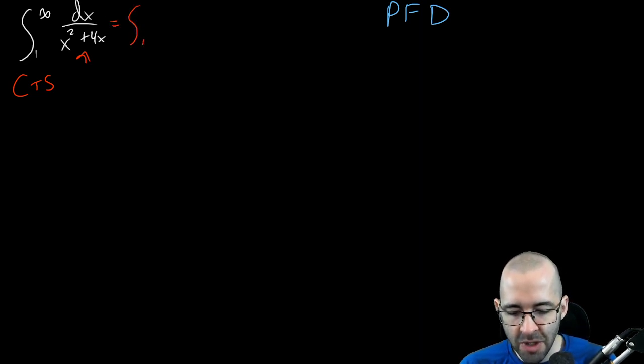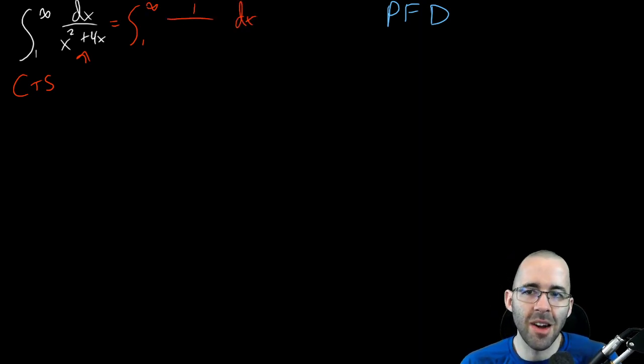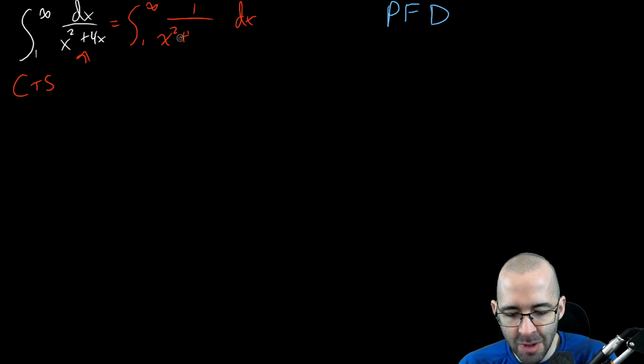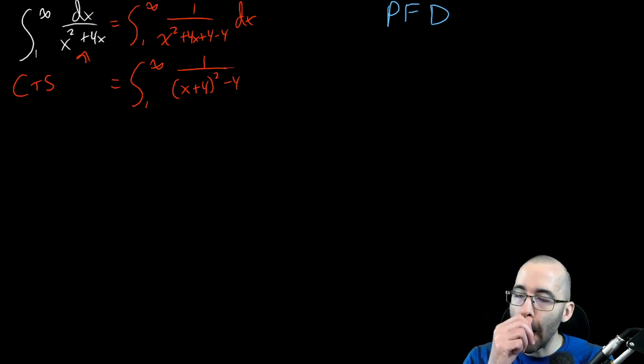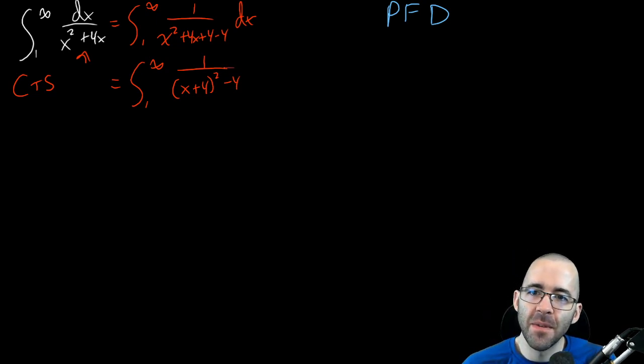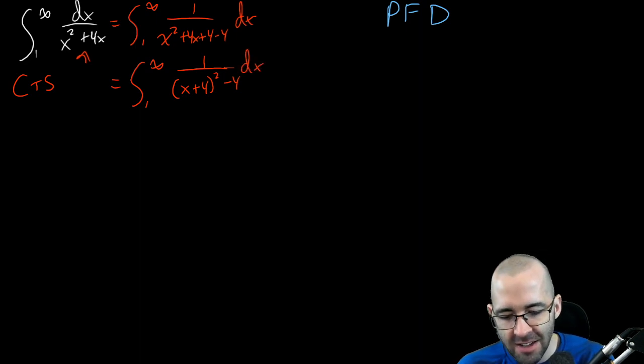So if we complete the square, this will be the integral from 1 to infinity. I don't like writing my dx up there. There's nothing wrong with it, but this will be x squared plus 4x plus 4 minus 4. That's going to be the integral from 1 to infinity of 1 over (x plus 2) squared minus 4 dx.